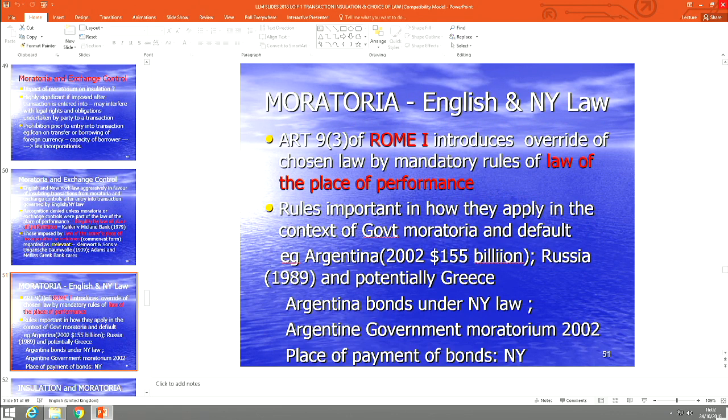Namely, although you've chosen New York law as governing law, or English law as governing law, the moratorium imposed by Argentina or any other country, Kazakhstan, for example, or Russia in 1989, will only be given effect to if that law, Argentine law, Russian law, is the law of the place where the payment obligations have to be performed.